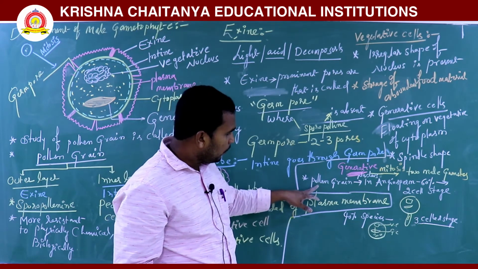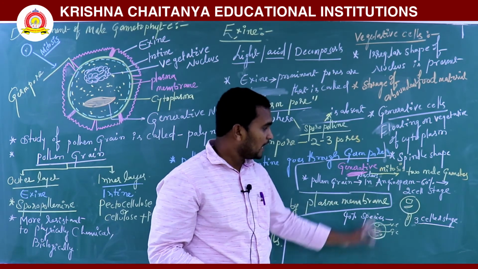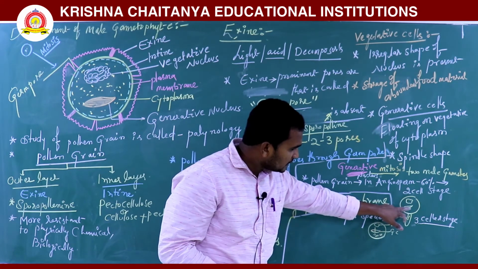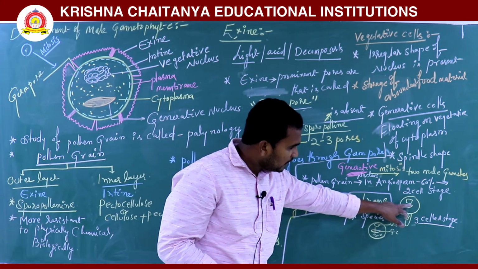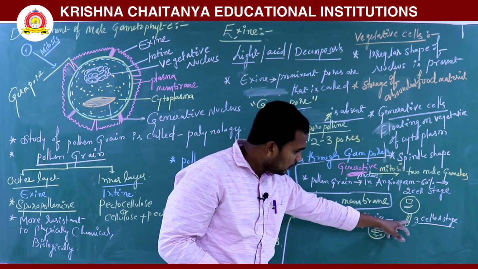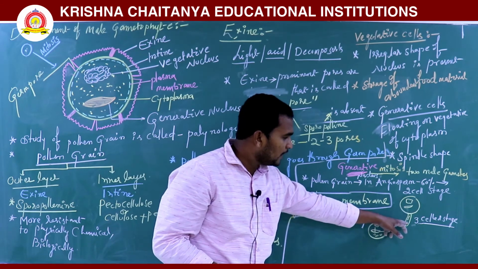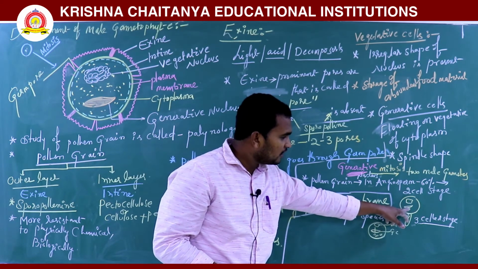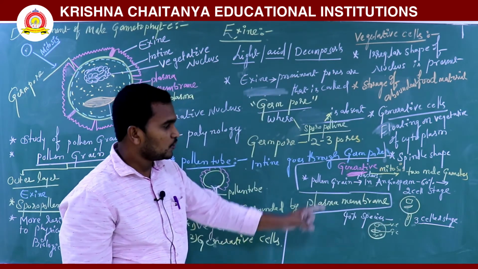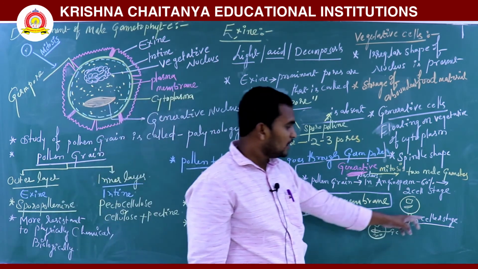In angiosperms, 60% are in the two-cell stage, which means it is not dividing in the pollen grain. When the pollen tube germinates and the generative cell enters the tube, it is divided into two male gametes. Here it is not divided, only a two-cell stage. That's why 60% of angiosperms are two-cell stage, and the remaining 40% of species are three-cell stage.